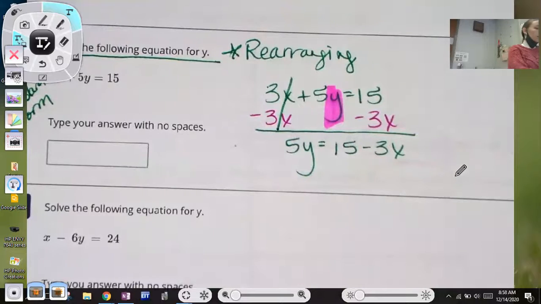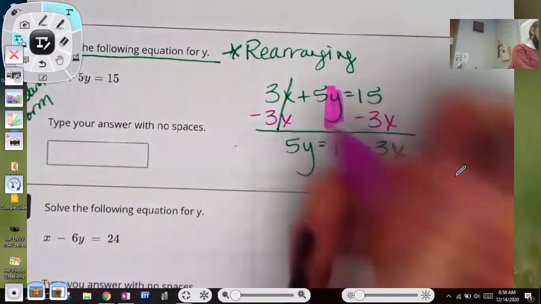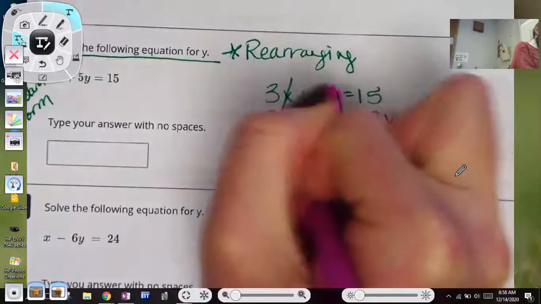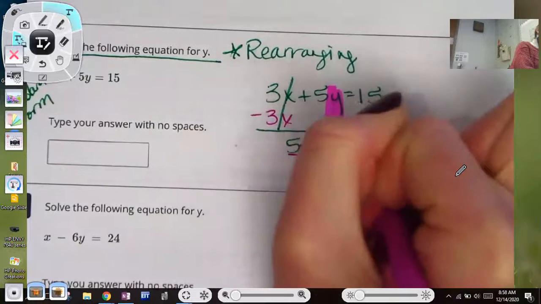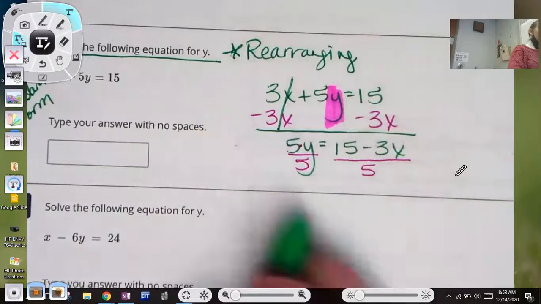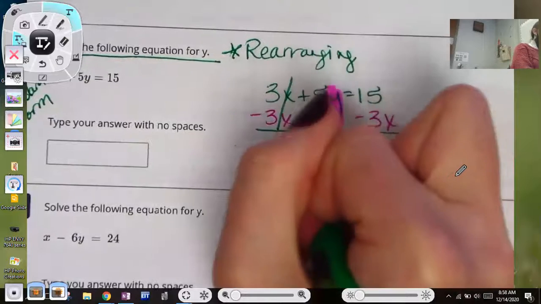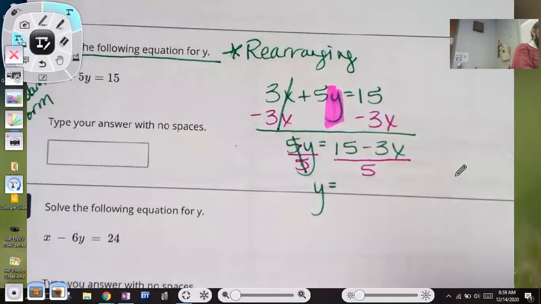Okay, next. I'm trying to get this y by itself, so I still have to get rid of this times 5. How am I going to do that? Divide it by 5. If I do it to one side, I've got to do it to the entire other side. What happens to my 5s? They cancel out, and I'm left with y equals, what's 15 divided by 5? 3.